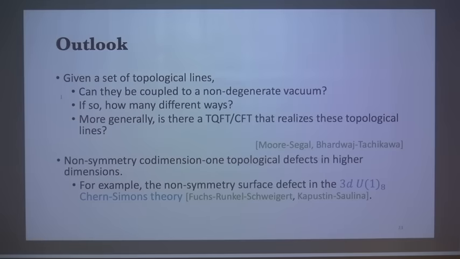The simplest example that I know of is in the 3D U(1) at level 8 abelian Chern-Simons theory, where there's a non-symmetry topological surface defect. And it would be interesting to see how one can apply these non-symmetry codimension 1 defects in higher dimensions to constrain renormalization group flows or check dualities.